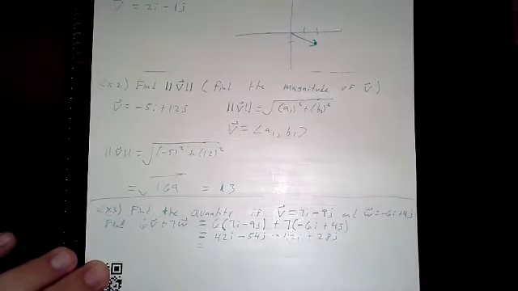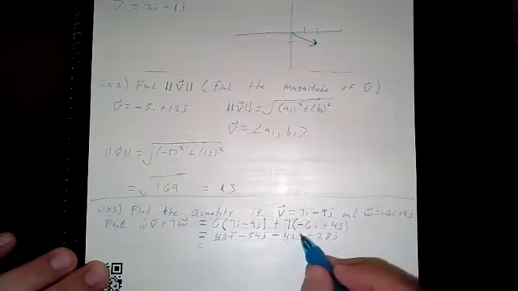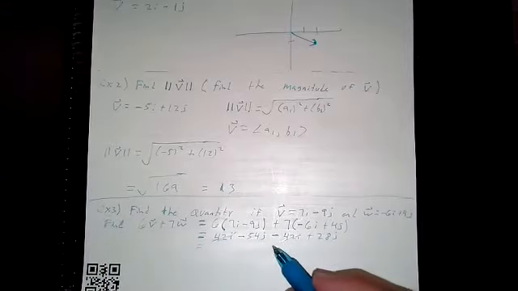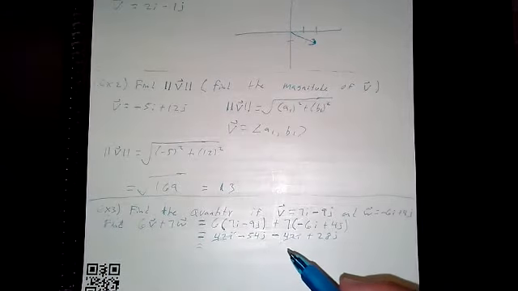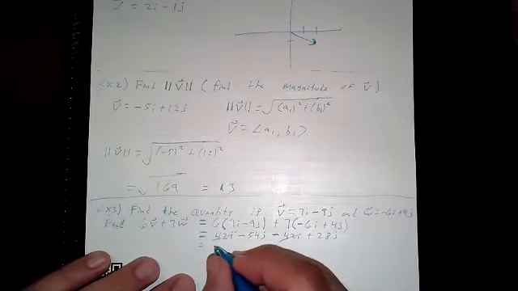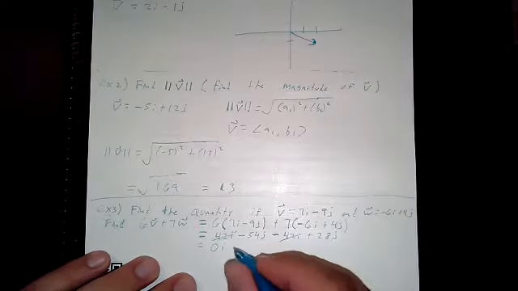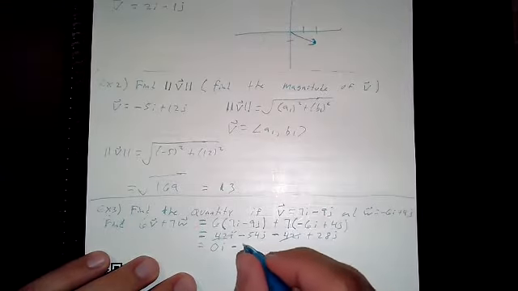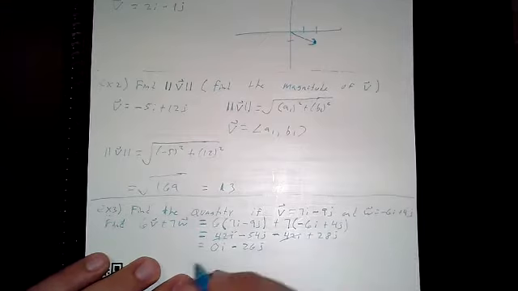Nothing else to do here, but it looks like these will cancel. Then negative 54 plus 28 is negative 26. So we have 0i minus 26j.